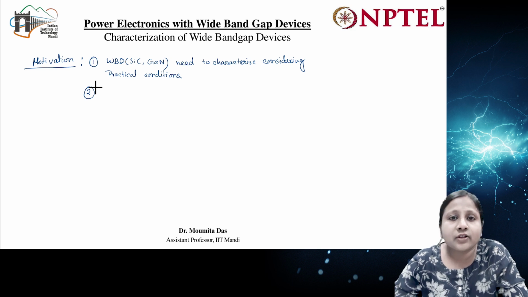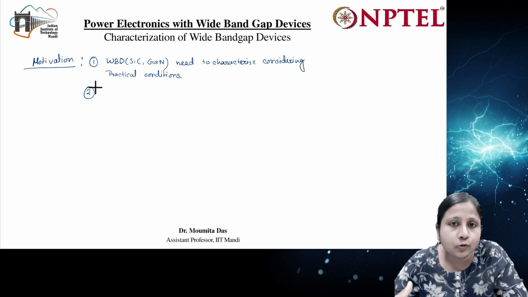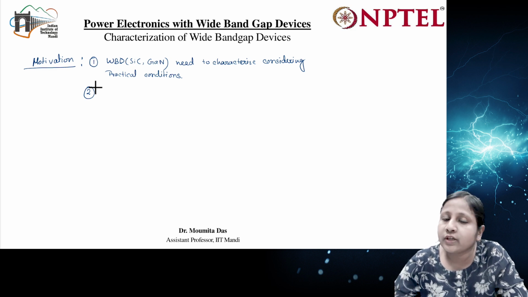Similarly, if the electrical parameter changes, meaning the voltage for which we are considering the characteristic, let's say VDS increases from 100 volts to 400 volts, then definitely the capacitances I showed in the last class, input capacitance, output capacitance, and reverse transfer capacitance, will also change.